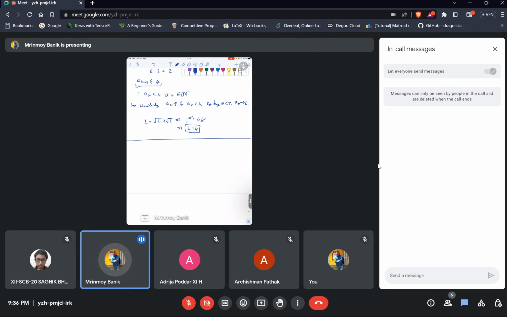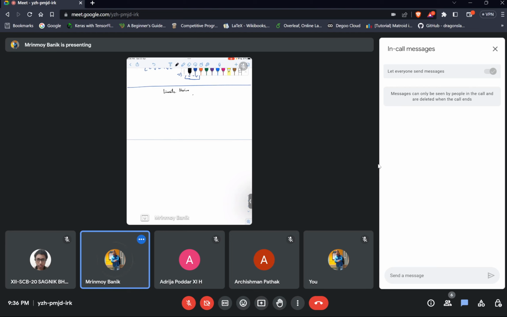Now let's move on to solving limits from some properties of limits instead of the direct definition. So, limits using properties.